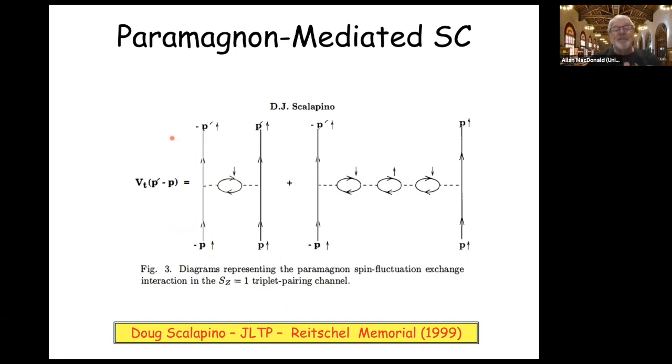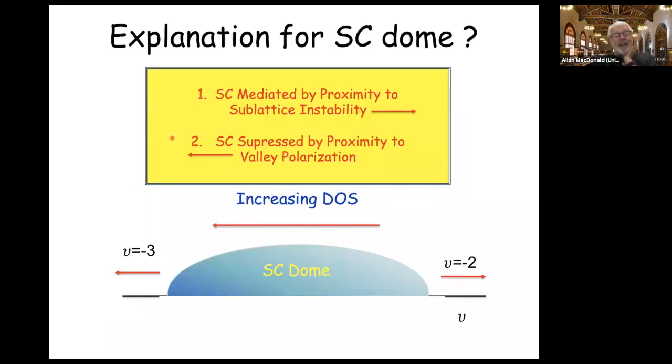Many people are working on this from different points of view. We've been looking at generalizations of paramagnon mediated superconductivity. Being close to instabilities creates repeated scattering in different particle hole channels, which can give you effective interactions. This is usually accepted as the explanation for why nearly ferromagnetic metals like palladium or platinum are not superconductors.